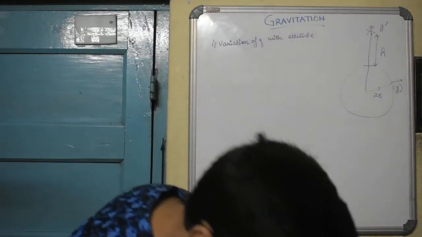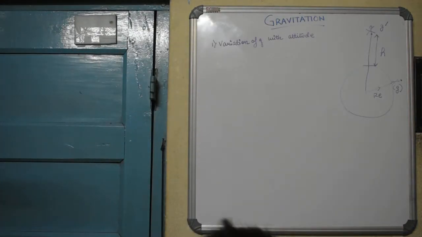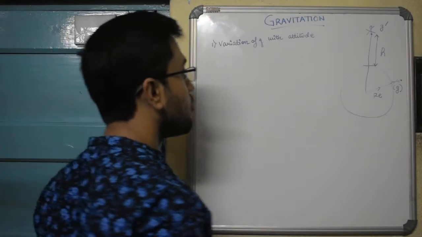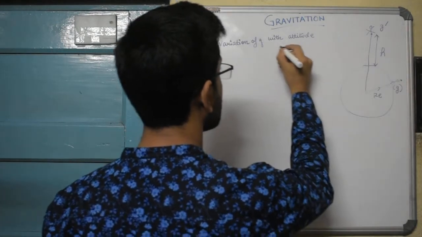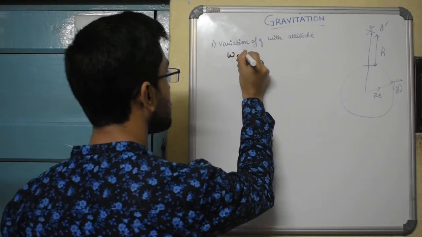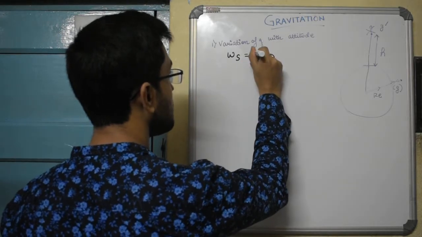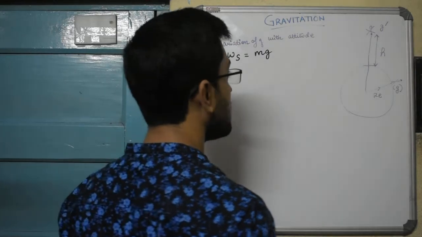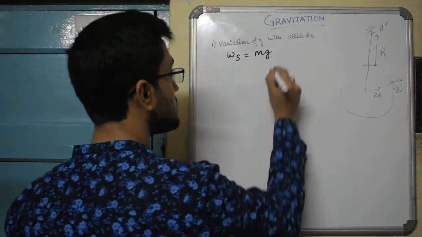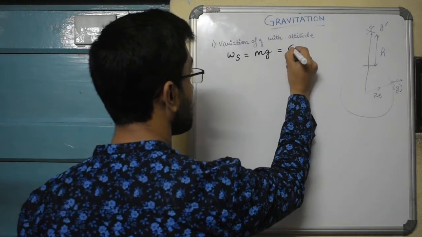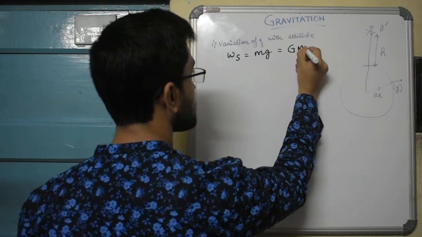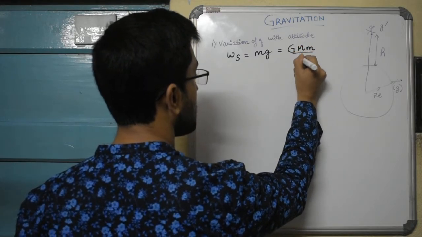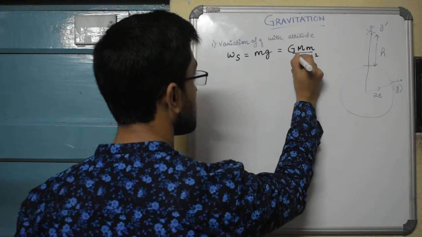Fine. Now we shall calculate this. When you are at the surface of earth, the weight is simply m into g. Why? Because the force that you are feeling is G times mass of earth times your mass divided by radius of earth squared.